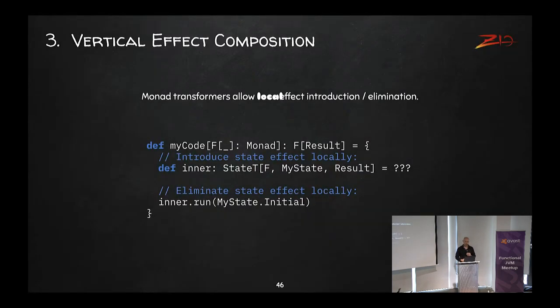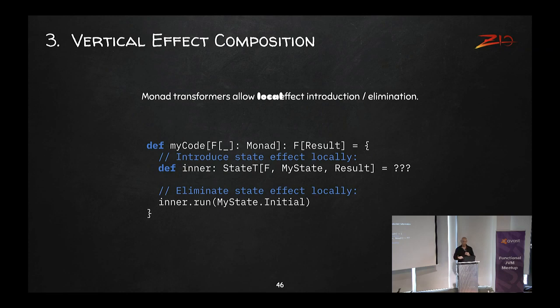One of the cool things that monad transformers allow is local effect introduction and elimination. What I mean by this is if we're working in generic code that works with any monad F, we can temporarily introduce state by stacking the StateT transformer on top of F. And then we can use that state effect in our generic code, and then later on when we're done with it, we can run that state by giving it the initial state, and that allows us to escape from state.